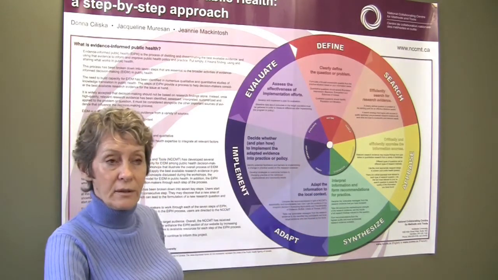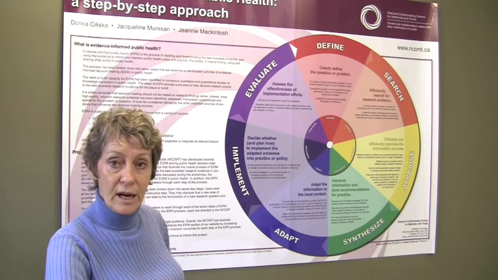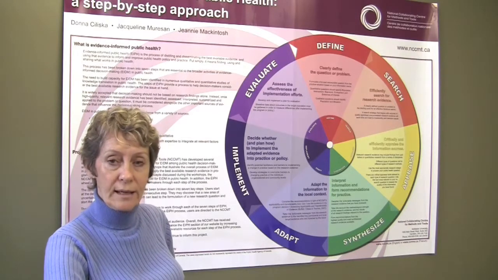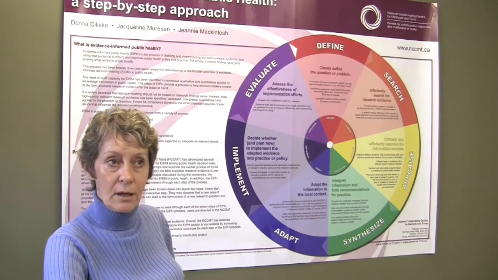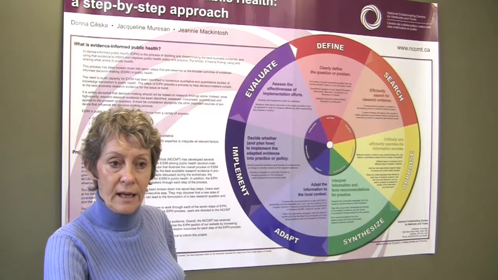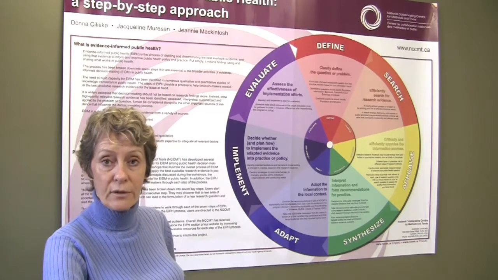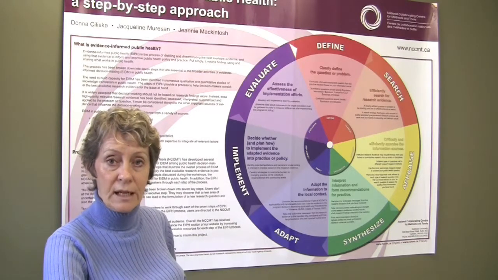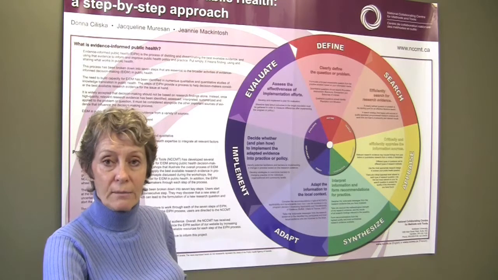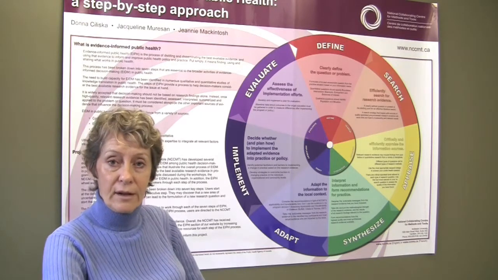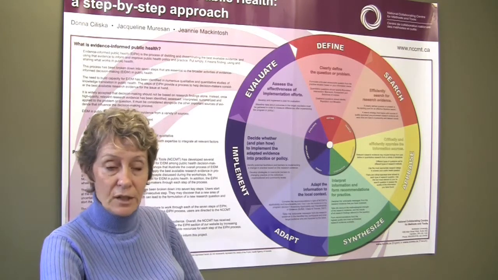If you want to get any more information about the entire process, there's an online module called Evidence-Informed Decision Making. It explains the whole process. It's a self-paced module that takes somewhere around 5 or 6 hours to go through as an individual. We know that groups are working through that online module together to help their learning and to discuss some of the situations.